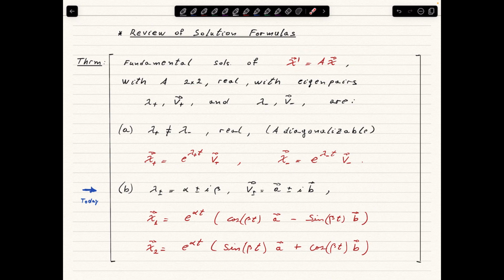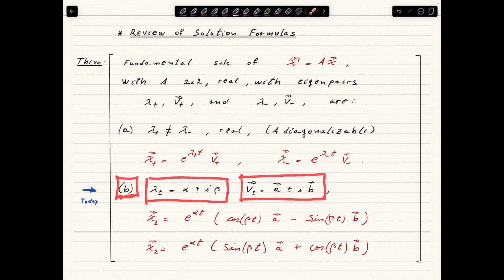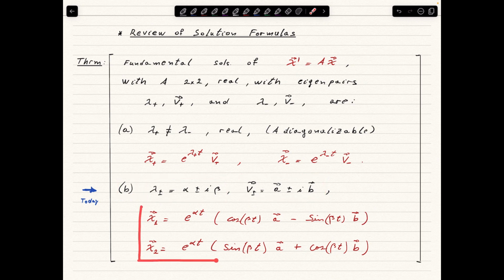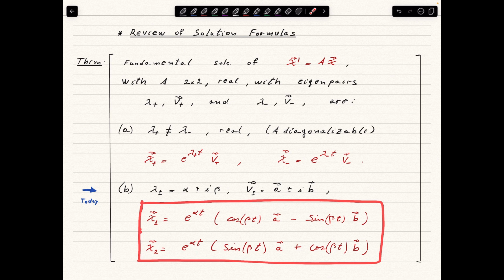We said, suppose we name the eigenvalues and eigenvectors lambda plus, v plus and lambda minus, v minus, and let's assume we were considering only this case, that the eigenvalues are complex valued and so are the corresponding eigenvectors. So we have fundamental solutions like this, and then any other solution is a linear combination of these two.